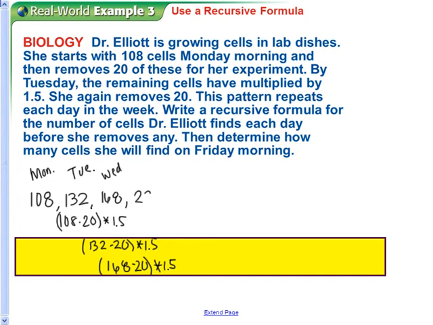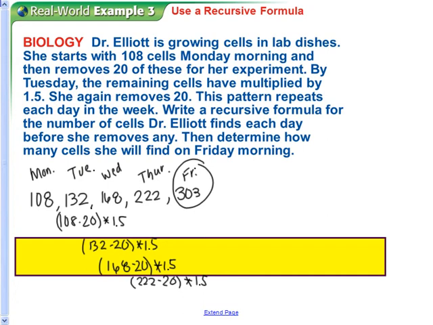You get 222 on the beginning of Thursday. And how about Friday then? Subtract 20, times it by 1.5. 303 is how many she has on Friday morning before she removes any.